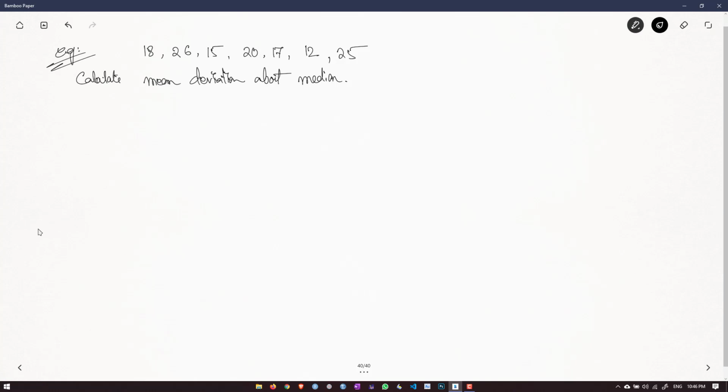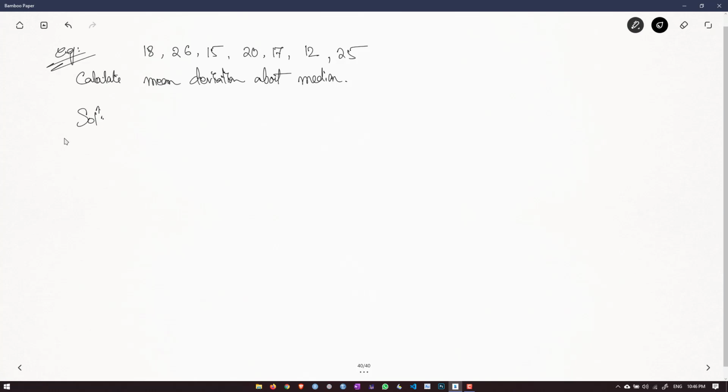We are to find out mean deviation about median. So to find out mean deviation about median, first thing you will have to find out is the median, right? So to find out median, the first step is to arrange your data in increasing or decreasing order.